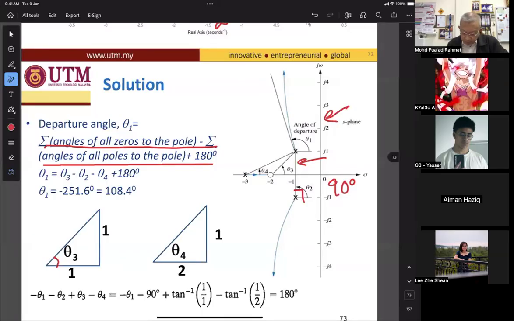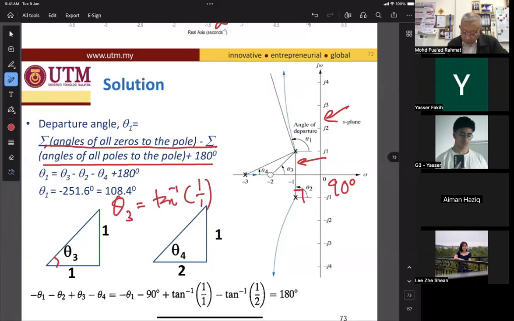Theta 3 will be tan inverse of 1 over 1. That is 45.